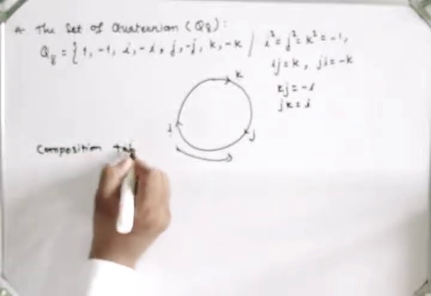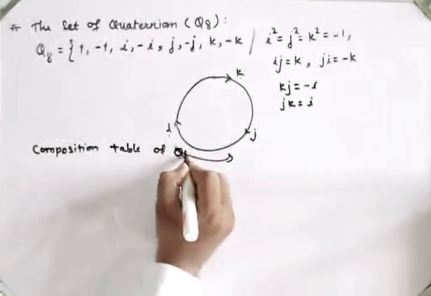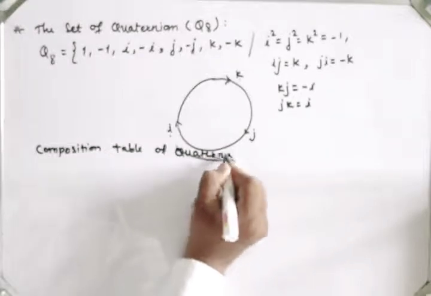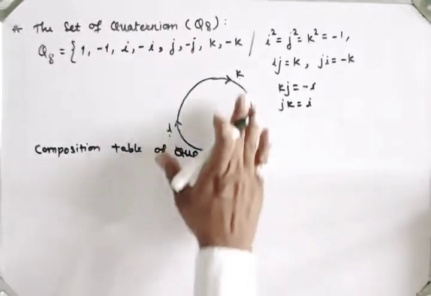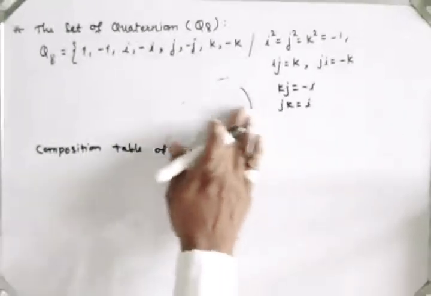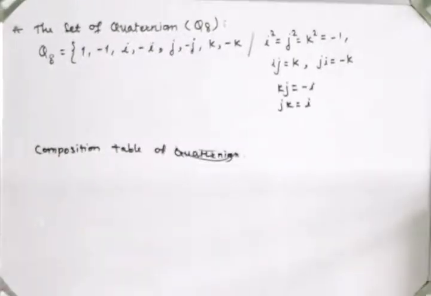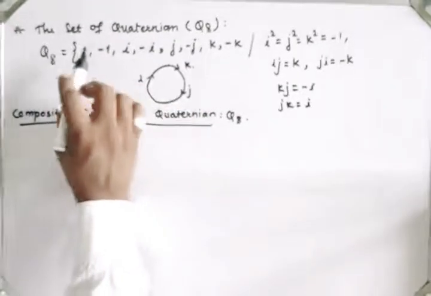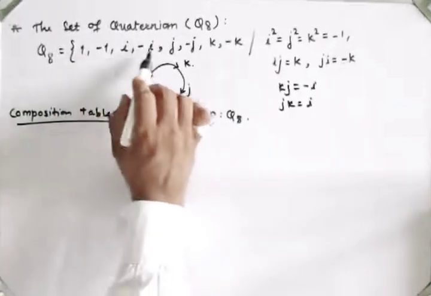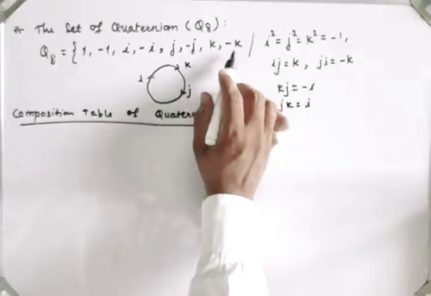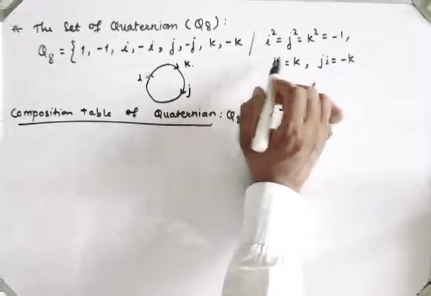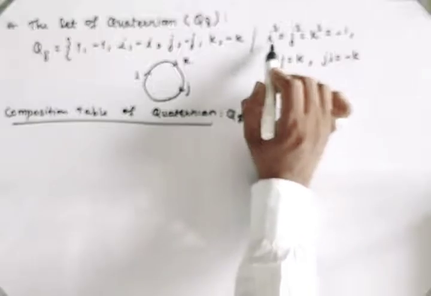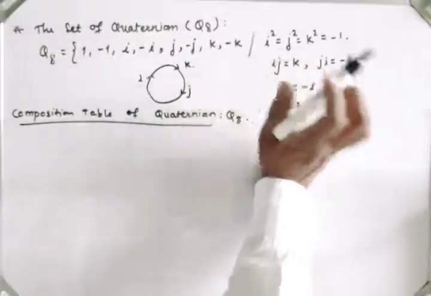Composition table of quaternion group. Here what is given? 1, minus 1, I, minus I, J, minus J, K, minus K. This is a group under the binary operation multiplication, because here I square, J square, K square is equal to minus 1.